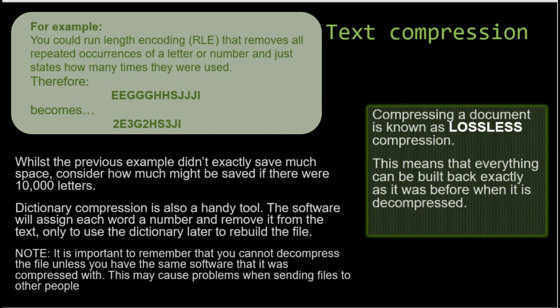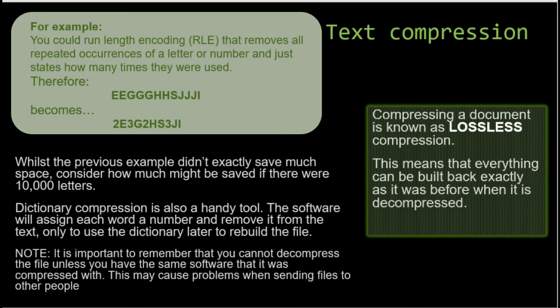So instead of listing a piece of information many times, it lists that information once and then refers back to it whenever it appears. So, for instance, if you have letters E, E, G, G, G, H, H, S, J, J, J, I, you have 2 E's, 3 G's, 2 H's, 1 S, 3 J's, 1 I. So instead of writing it all out separately, you could put 2E, 3G, 2H, S, 3J, I.